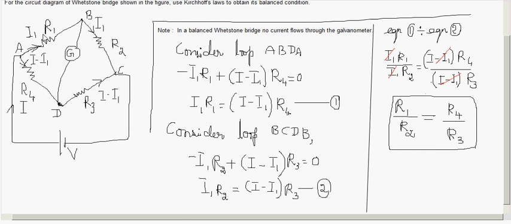The bridge balance condition actually means that the potential at B is equal to the potential at D, or the potential difference between B and D is 0. If the potential difference is 0, there is no current flowing through the galvanometer.